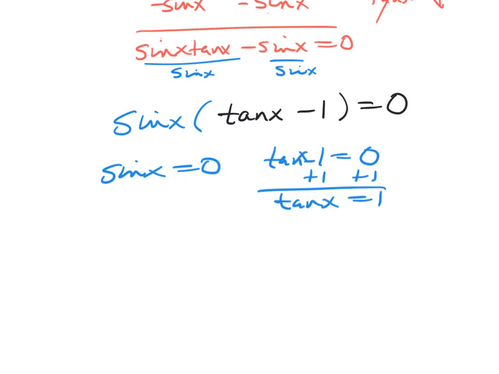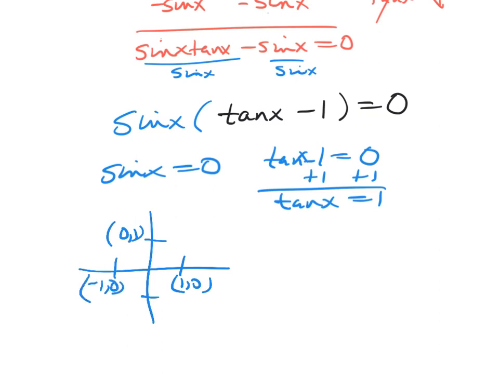Whenever we see sine equals 0 or undefined, that's going to come from the points here: 1, 2, 3, 4. So 1, comma 0; 0, comma 1; negative 1, comma 0; and 0, comma negative 1.